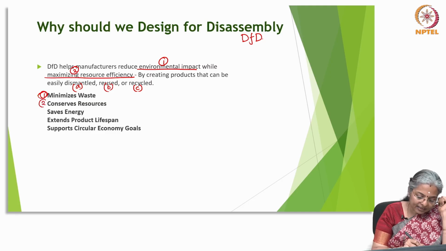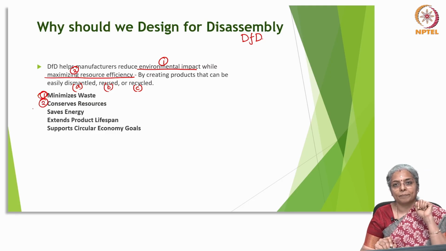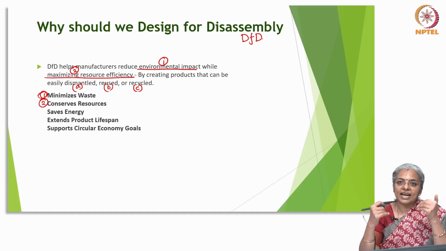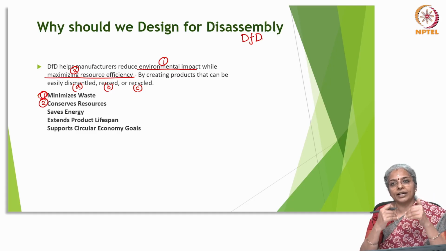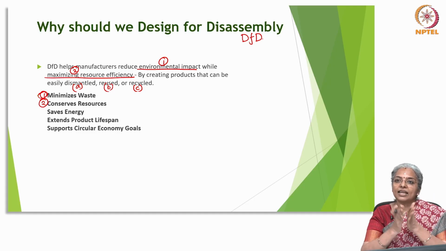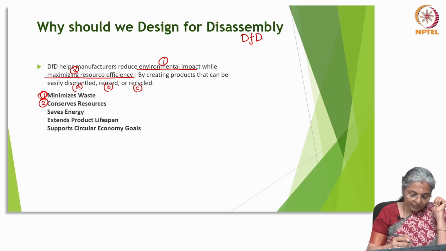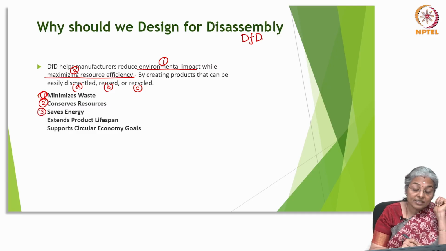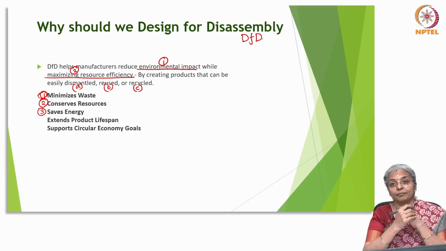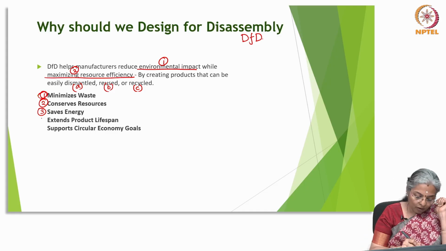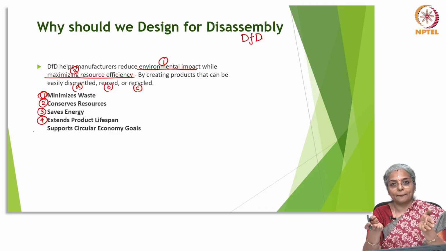Second is it conserves resources. This can actually enable recovery and reuse of materials. Thus, it can cut down on resource extraction. Third is it can save a lot of energy. Disassembly uses less energy compared to the conventional recycling methods. Fourth is it can extend the product's lifespan.